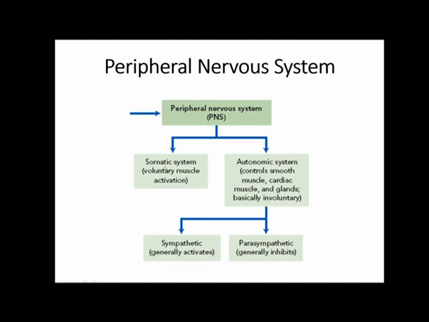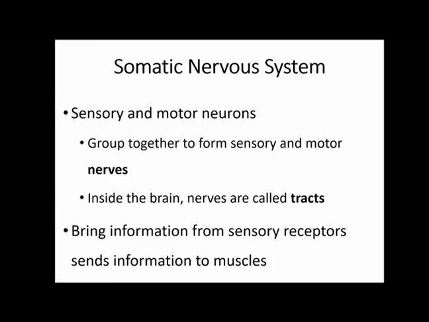We have a somatic system and an autonomic system. And each of these are going to get their own slide where we can talk about the specifics relating to each part. And then we're going to break our autonomic system down into sympathetic and parasympathetic, but we'll get to that.